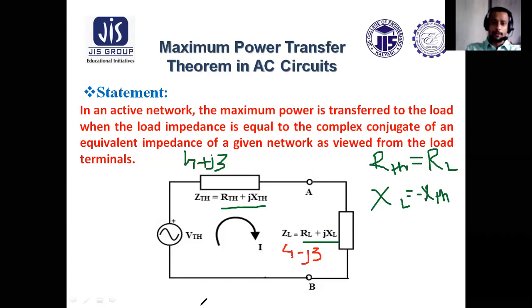See here, if we add these two, ZL and ZTH, we will have no imaginary part. And if there is no imaginary part, then there will be no volt ampere reactive associated with the network, and hence maximum power will be delivered to the load.